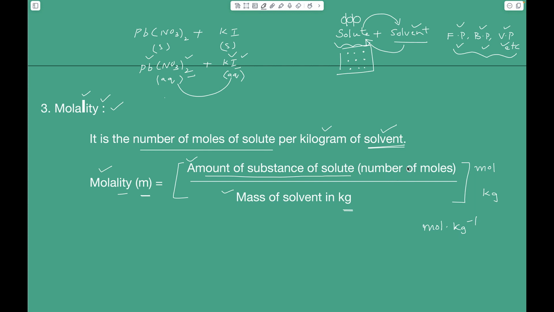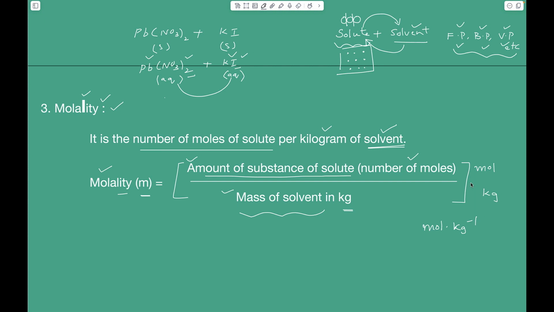It is the ratio between the number of moles of solute and the mass of the solvent. So it represents the number of moles of the solute present in a given amount of the solvent.